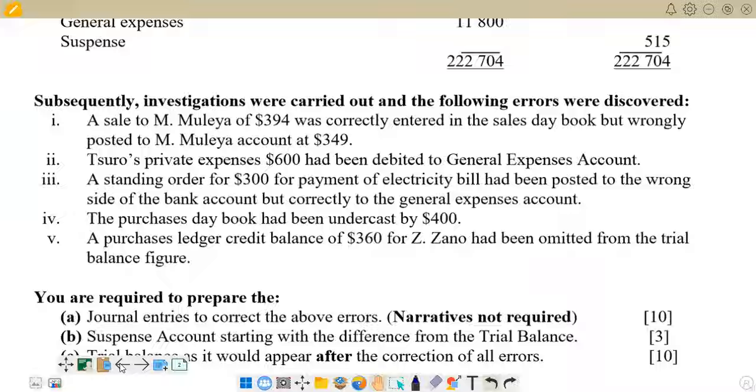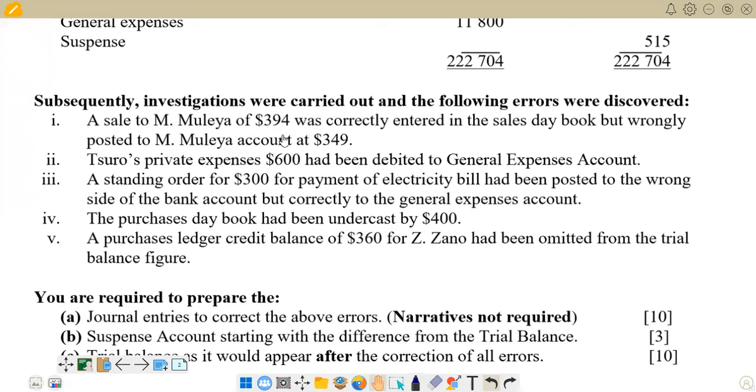Let's look at the first error. A sale to Mulea of 394 was correctly entered in the sales day book, but wrongly posted to Mulea's account as 349. So what does it mean?